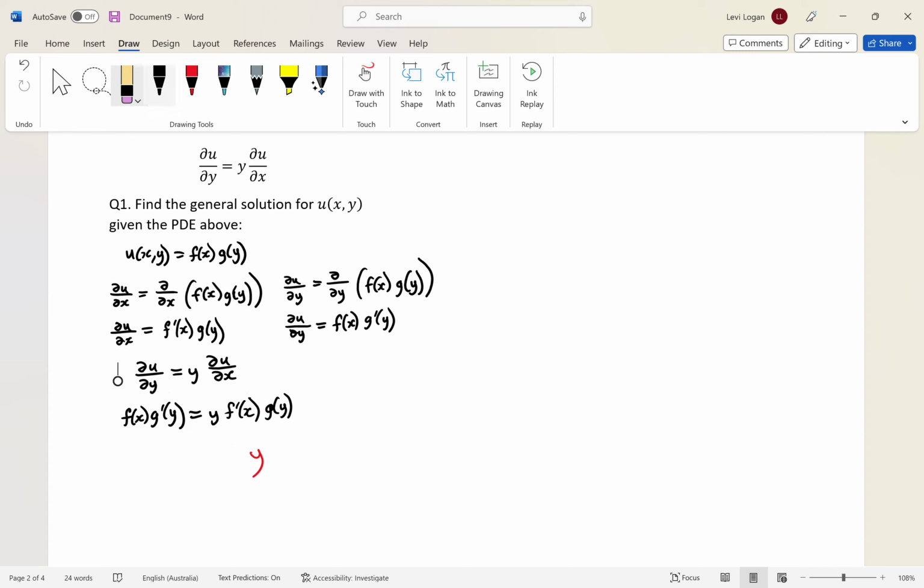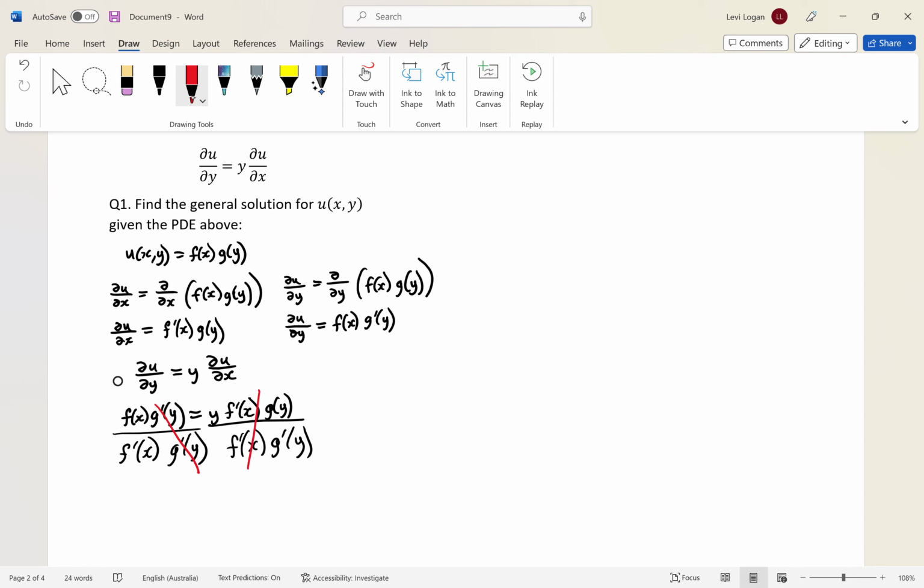So what we're going to do is divide both sides by f prime of x and g prime of y. Because if we do this, we're moving both things across at the same time and cancelling the thing on the other side. So if I do this, g prime of y is going to cancel on this side, and if I do this, f prime of x on this side is going to cancel.